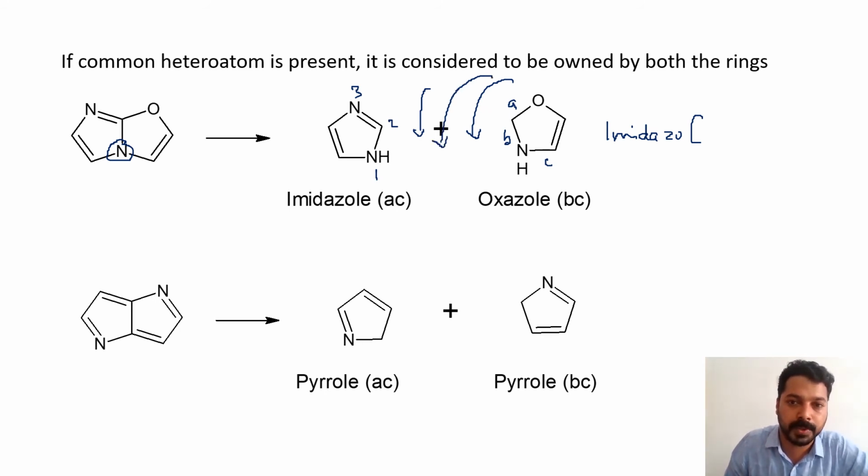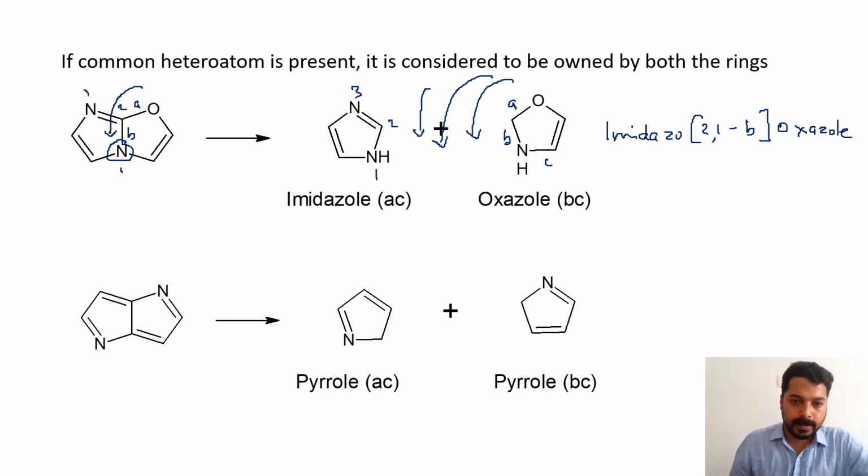So the number should be 2 1. Remember, it is 2 comma 1. The fused bond is B, and this number is 1 2 3. So this is A, so this will be in this order. So it is 2 1. Remember, it is 2 1 B oxazole.